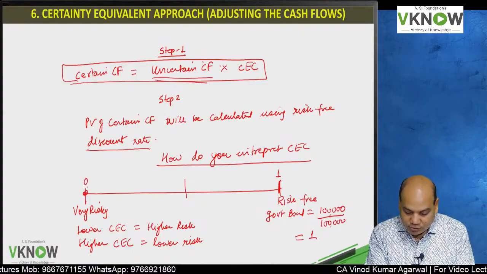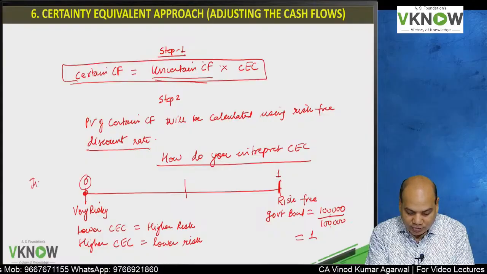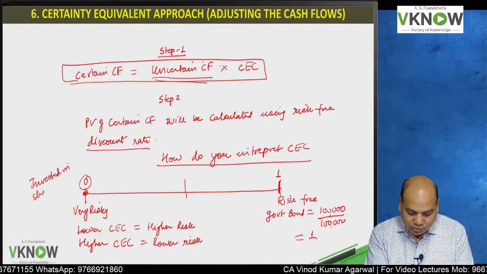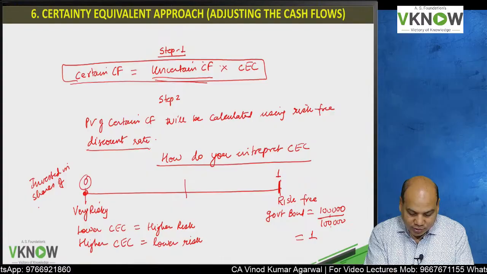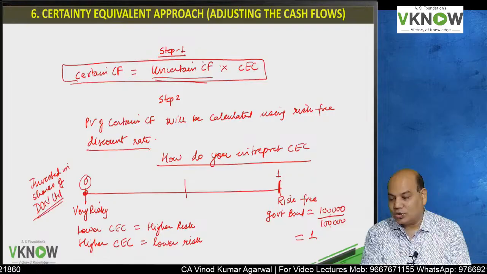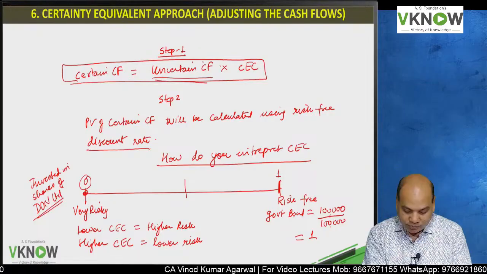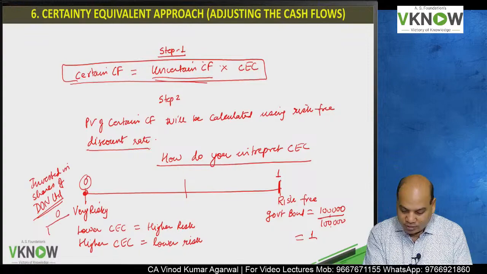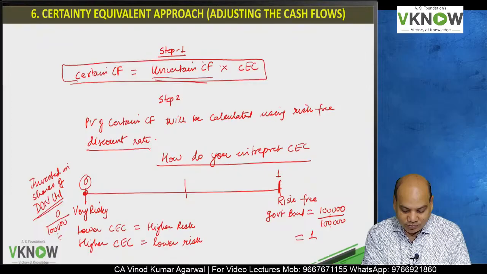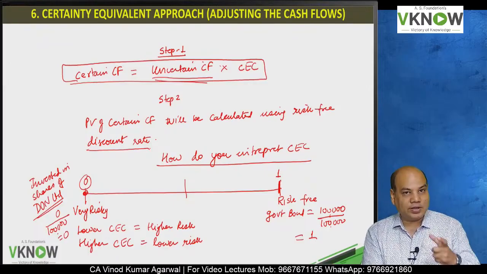And in case, suppose you have invested in shares of Dawn Limited. 0 divided by 1 lakh. You are not going to get anything. Okay, if you go to receive money, they will say so.